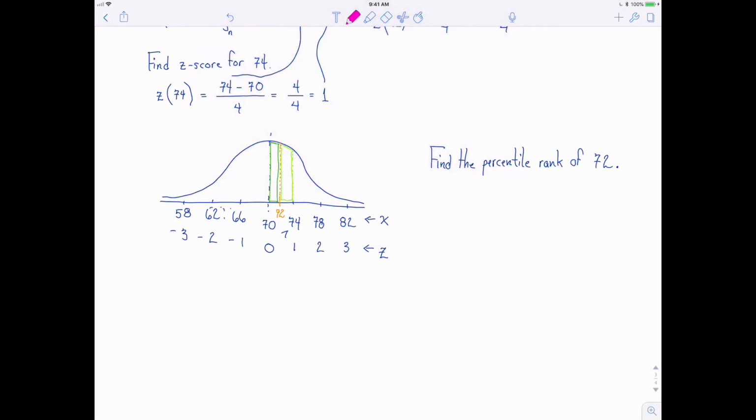So let's take a look. So here's 72, and what I want is the percentile rank, so I need to know everything below 72. Now, before I can use my tables, I have to first convert 72 to a z-score.